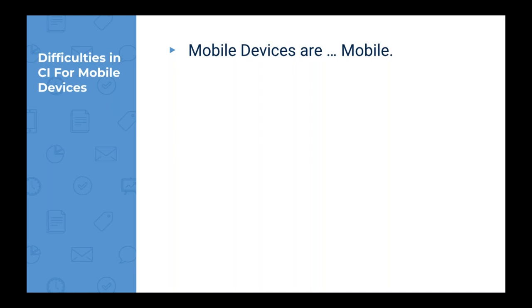So essentially, mobile phones do not fit properly into automation setups, specifically because it's actually a different computer running on a different operating system. So there are interoperability and interconnectivity issues.